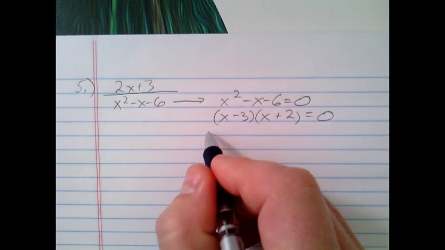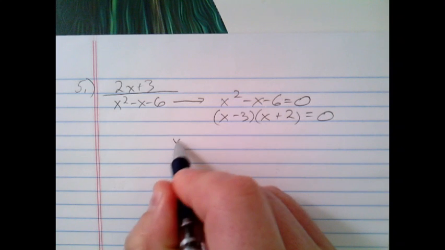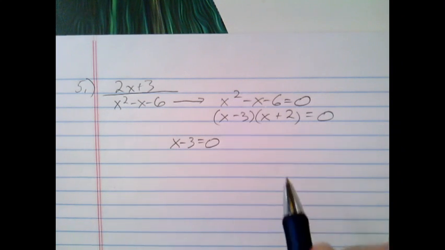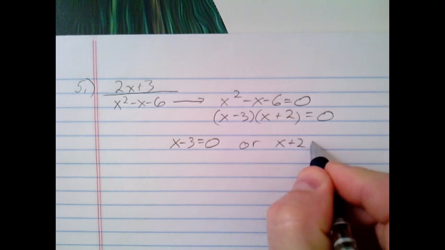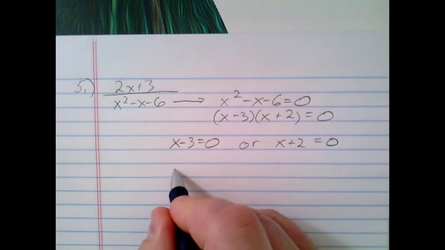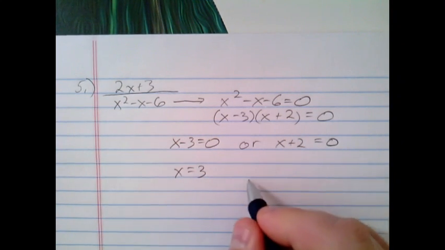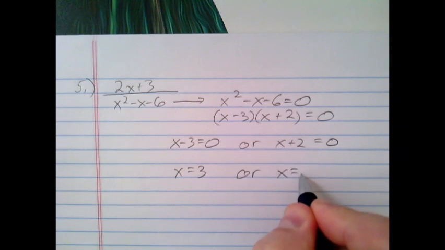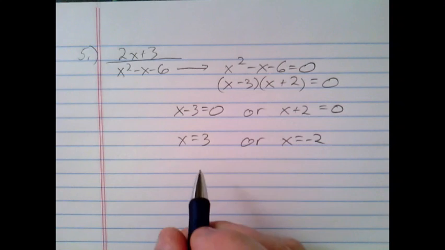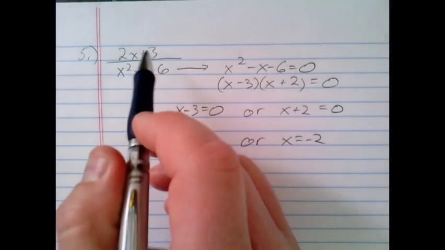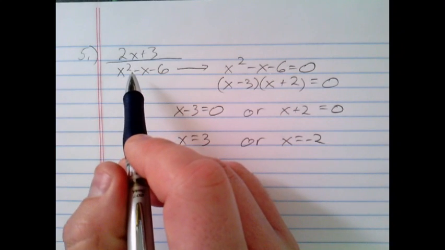So now I'm going to translate this to a compound equation. x minus 3 equals 0, or x plus 2 equals 0. So that gives me two solutions, x equals 3 or x equals -2. So those are the two numbers for which my original rational expression was undefined.